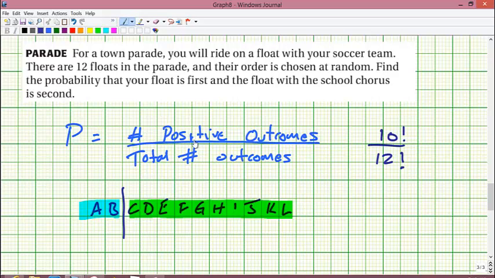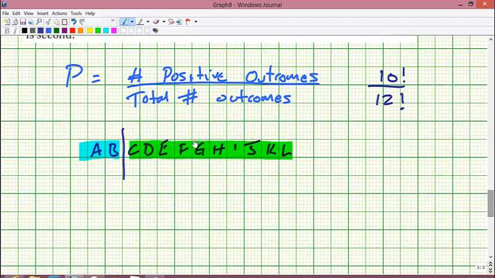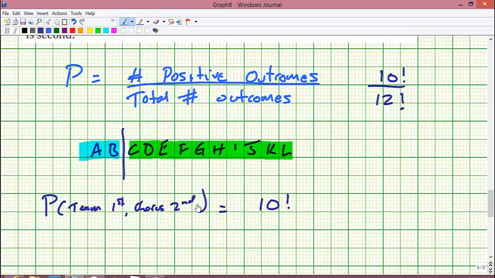So there we go. The probability that your team is first and the chorus is second can be written as 10 factorial divided by 12 factorial.